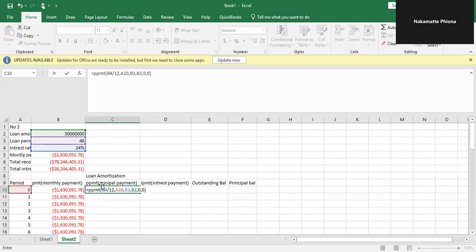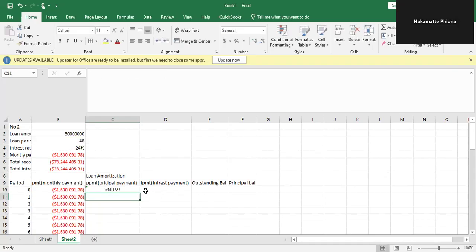This close our brackets and lock. It is a must we have to lock. We are not going to lock the period. Enter.